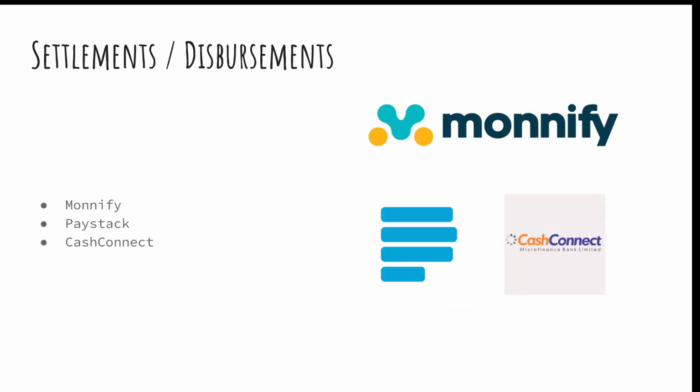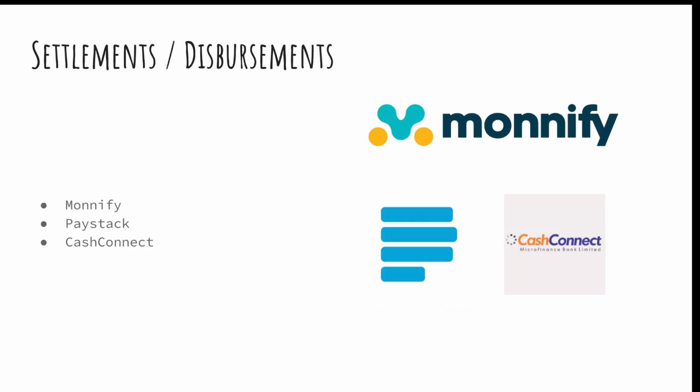Moving on to settlements and disbursements, we have Monnify, Paystack and Cash Connect. Monnify, obviously, they are the OGs for settlements and transfers, with cheaper fees. Paystack also makes sense if you have a Paystack Titan account, a Titan Trust Bank account which Paystack can use to handle your transfers. Also great.